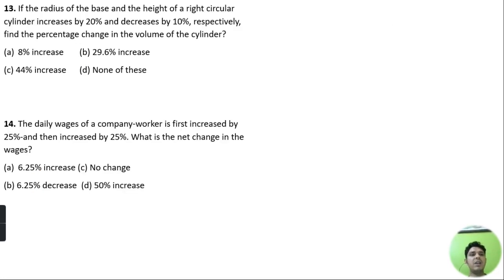Coming to next question 13: if the radius of the base and the height of a right circular cylinder increase by 20% and decrease by 10% respectively, find the percentage change in the volume of the cylinder. Students, the volume of the cylinder formula is pi r square h, right?